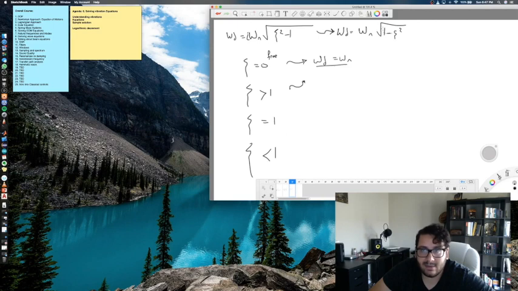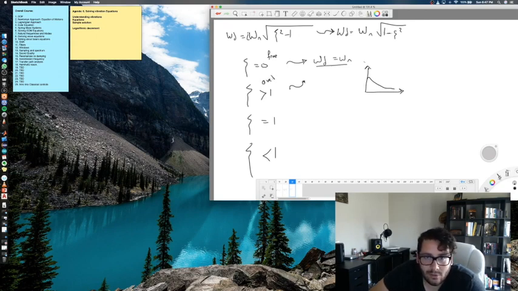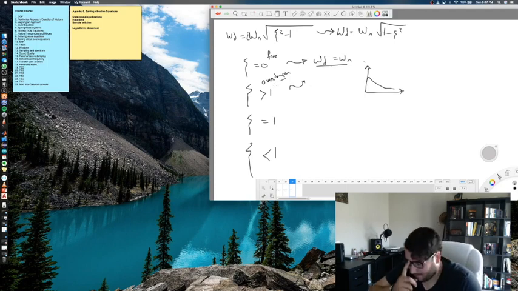If this is negative, then I basically go into the complex, which means it's not real anymore, and I get this type of situation where it dies out quickly. This is called over-damped. Over-damped is known for having nothing for us to solve for. We're not interested in over-damped systems because they have no oscillation whatsoever. Now, critically damped.